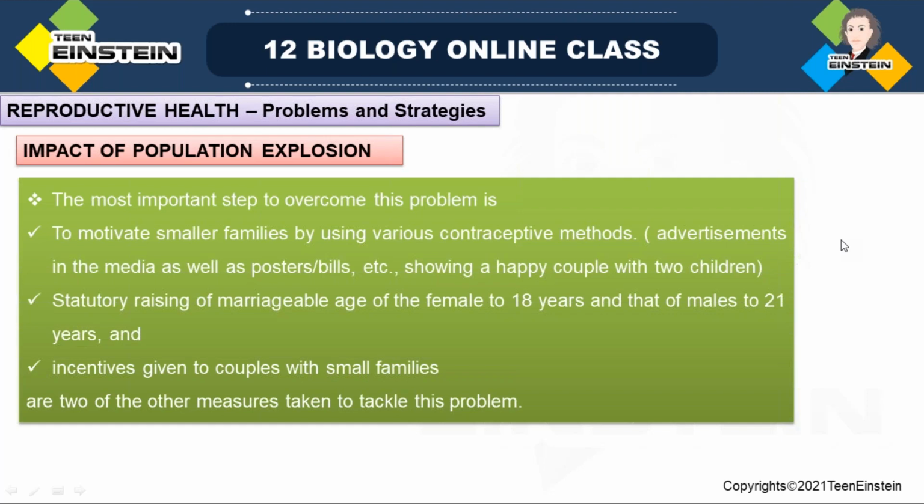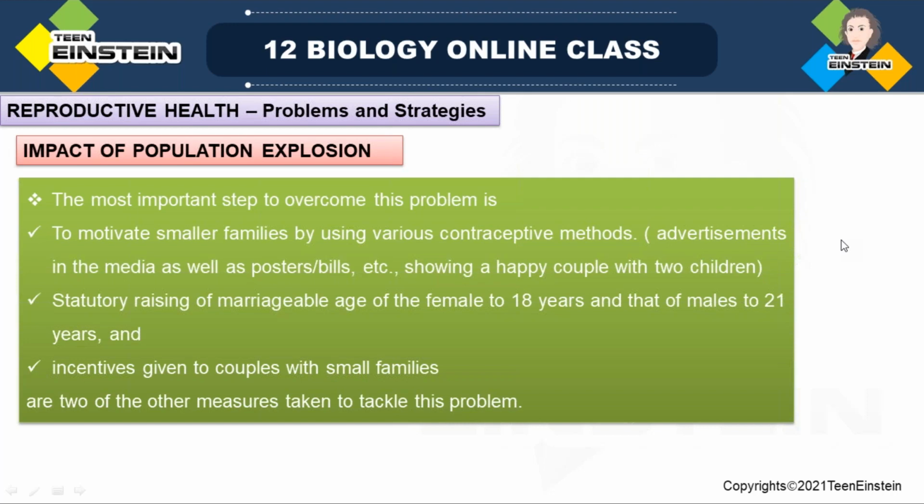Then statutory raising of the marriageable age of females to 18 years. Marriage of a female should be only after 18 years and of a male after 21 years. And then incentives can be given to couples with small families.